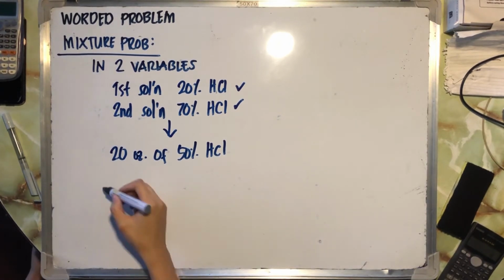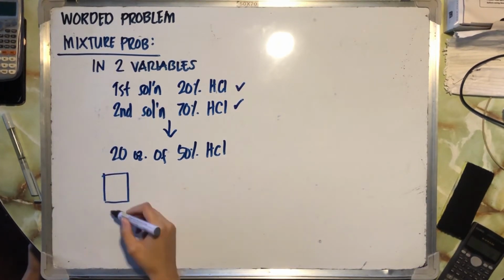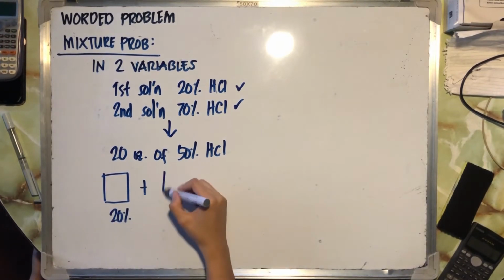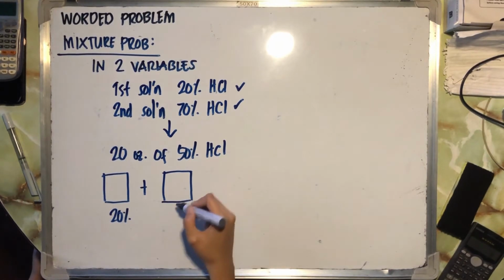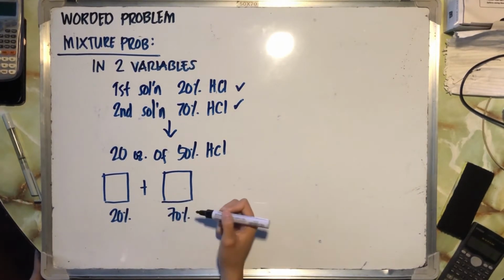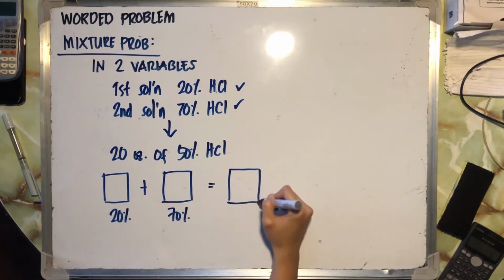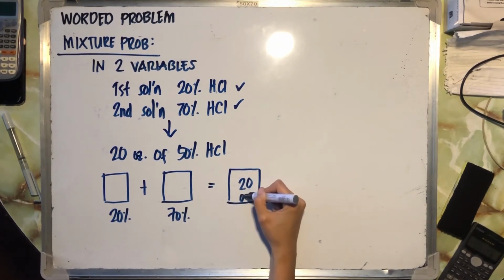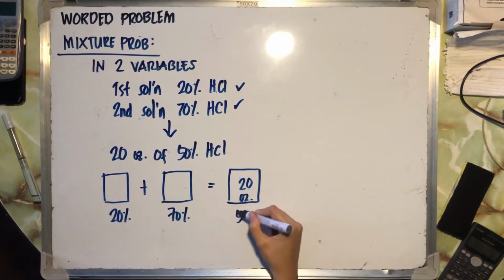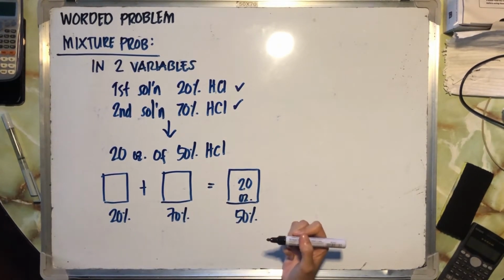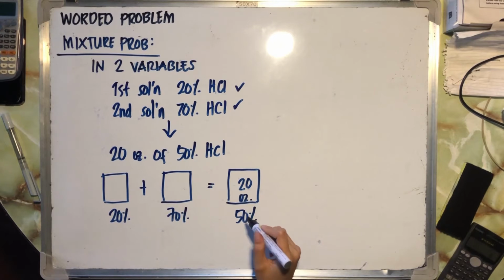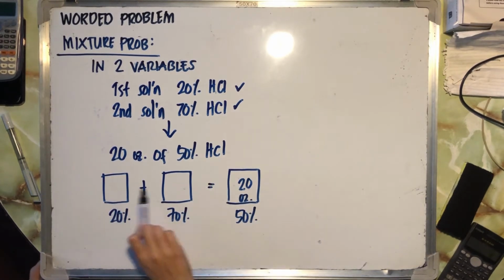So, kung i-draw natin siya ngayon, ito yun. This one is 20% HCl. A-add mo daw siya ngayon sa 70% HCl, and that should yield daw sa 20 ounce at 50% HCl. Now, ang question is, ilang ganito at ilang ganun ang pagsasama mo?